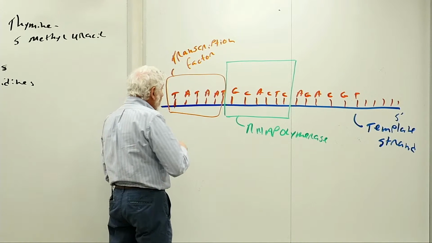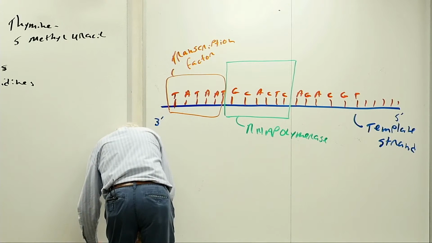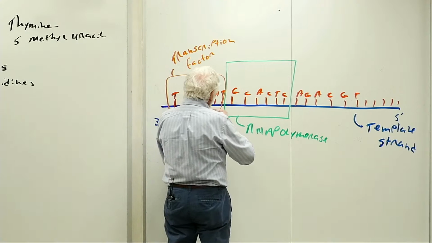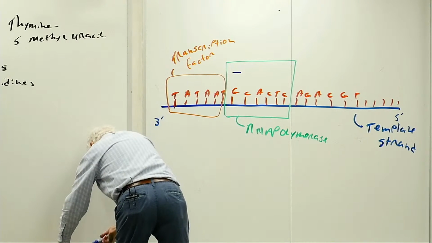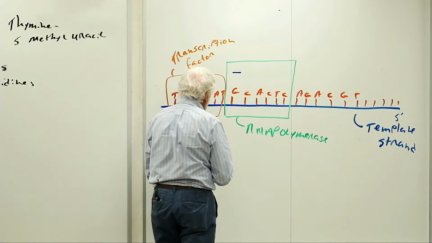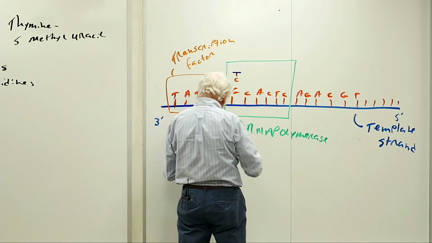And what the RNA polymerase will do is it will find the complementary base. So the complementary base here for guanine is going to be a cytosine. So it base pairs those.